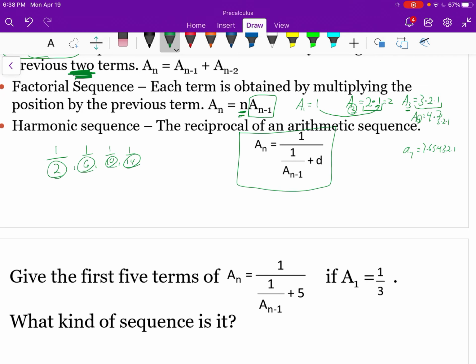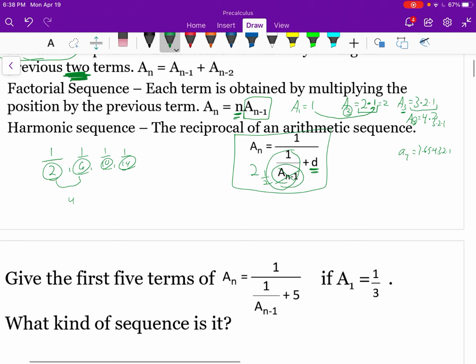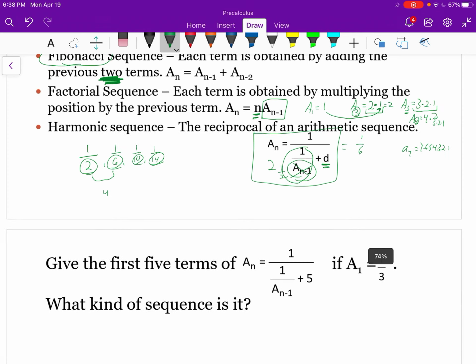But in order to do that, you actually take the reciprocal of the term you're on. So let's just put a 1/2 in here. Well, 1 over 1/2 means the reciprocal of 1/2, so that's 2. So this whole thing is 2 because of the reciprocal. We add that common difference of 4, because they go up by 4. And you get 6, so that's 1/6.